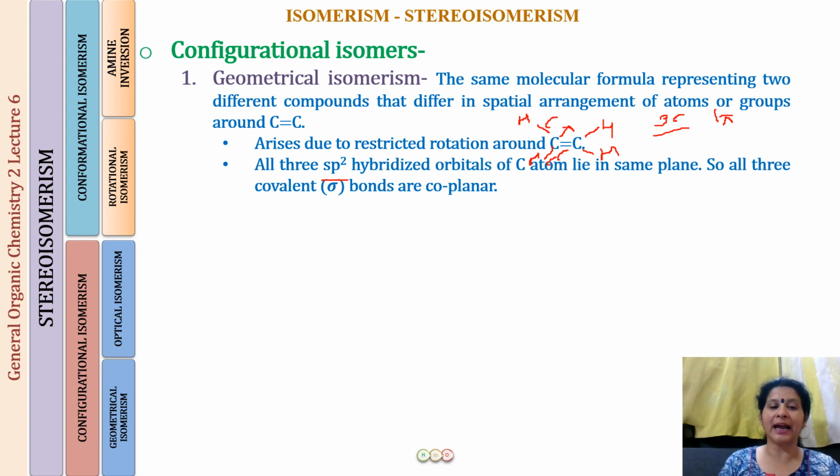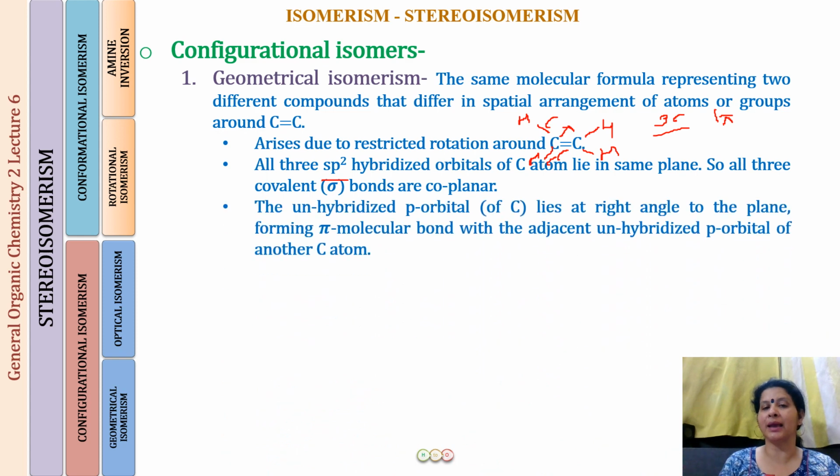But after that, the carbon atom is going to be left behind with one unhybridized orbital also. And this unhybridized p orbital of carbon is going to lie at a 90-degree angle to the equatorial plane where we have all these bonds, and this is going to form a pi molecular bond with the adjacent unhybridized p orbital of another carbon atom.